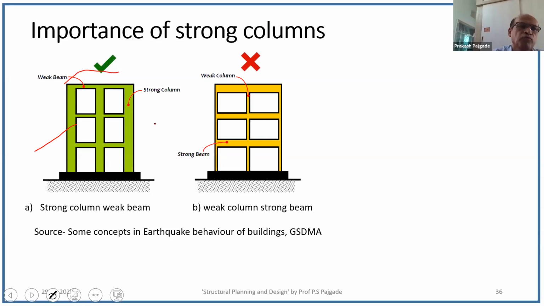But unfortunately, what is observed most of the time is that people try to provide the minimum size of column due to various reasons. They try to economize on the dimensions of columns only, and that is most dangerous.